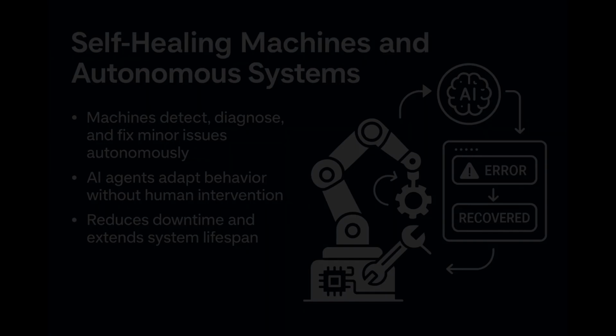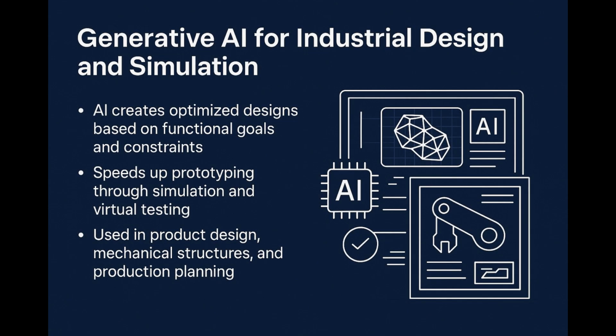Generative AI isn't just for text and images, it's rapidly becoming a powerful tool in industrial design and simulation. In manufacturing, generative AI can create thousands of design variations based on specific constraints such as material use, strength, weight, or cost. For example, if you need a lighter bracket that can still handle a specific load, AI can instantly generate options that a human designer might never consider.